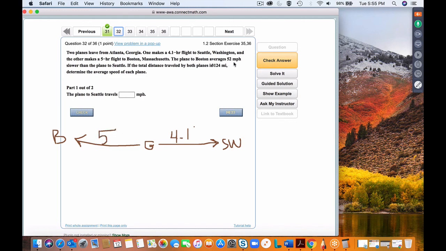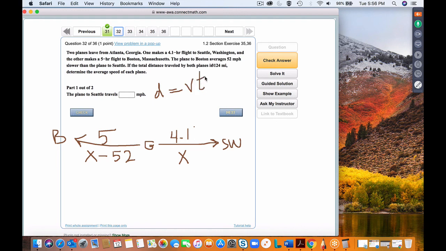They say the plane to Boston averages 52 mph slower. So let's say this is x because we don't know how fast they go to Seattle. What we know is that when they go to Boston, it is slower than the plane to Seattle, so it's 52 miles per hour slower. So we have to remember that distance is equal to Vt.